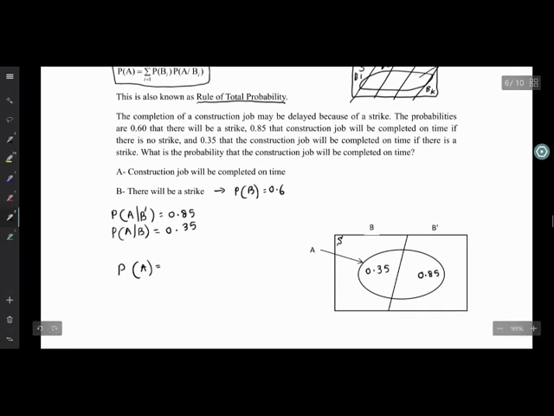The job can be completed on time whether there is a strike or whether there is no strike. So which means the probability of A intersection B union A intersection B prime.